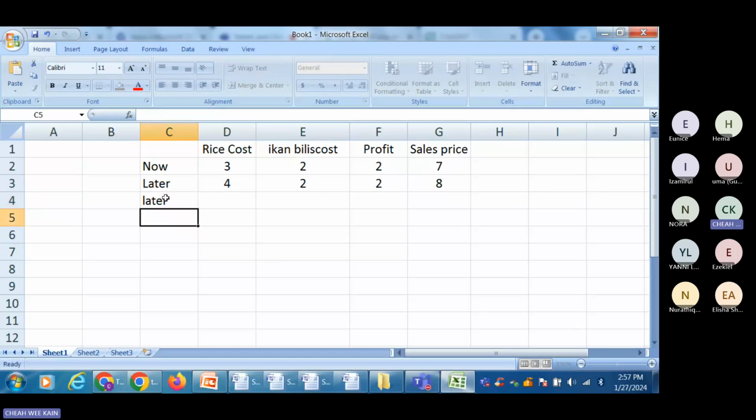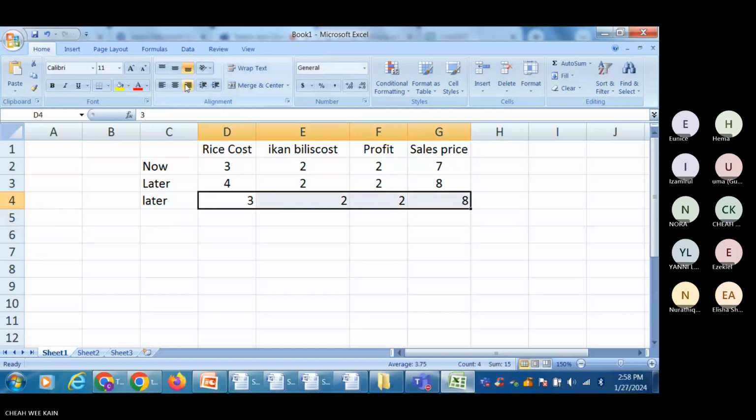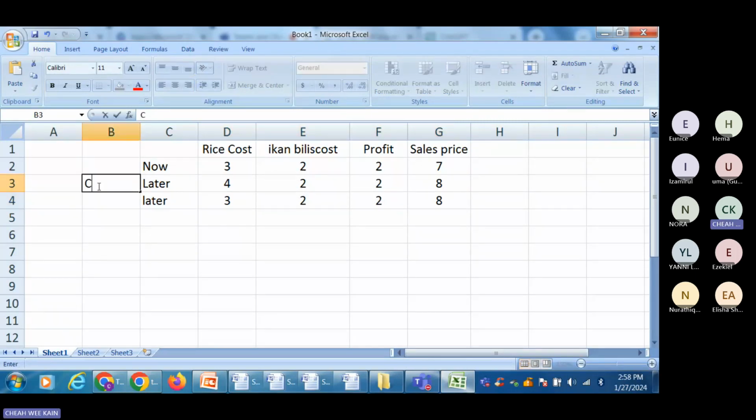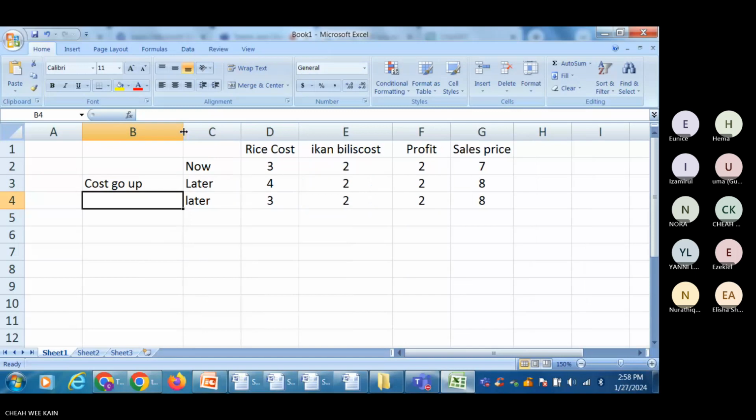Or there's no change in the cost, but you want to make more profit because everybody got money, you will sell RM8. This case is cost go up. This case is money more, cost no change.